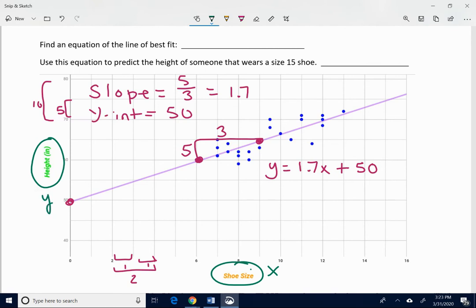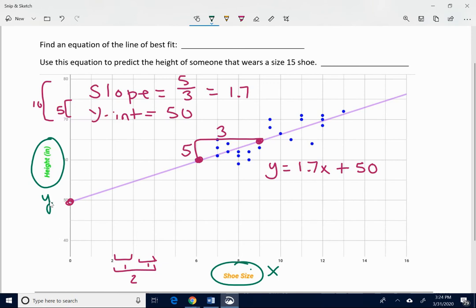So that means in your equation, the variable y stands for the height in inches. When we make this prediction, we need to be careful that we're putting the number in the right place. Use the equation to predict the height of someone that wears a size 15 shoe. They're asking for height. They're asking for y.